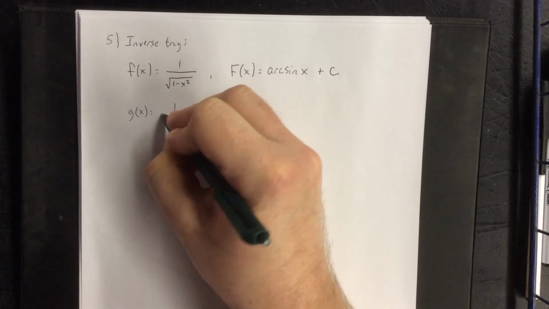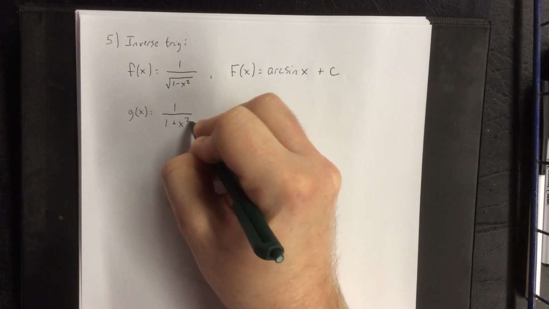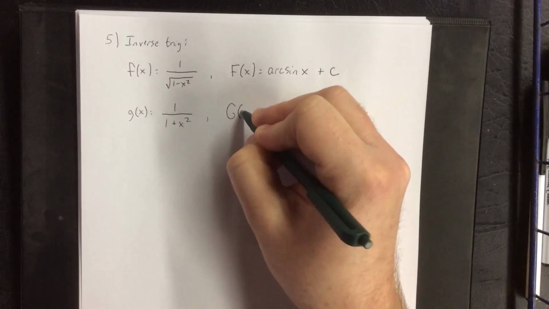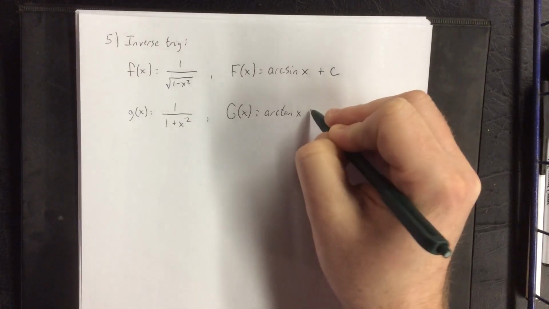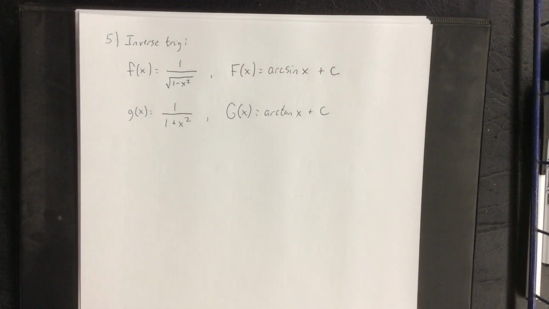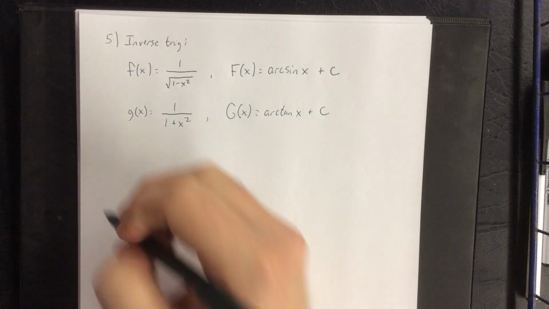And if you happen to see 1 over 1 plus x squared, then the antiderivative of that is going to be the arctangent of x. Now, we're not going to put too much emphasis on these particular forms because there will be a technique that you'll learn in Calculus 2 for exactly how to deal with things of this nature.